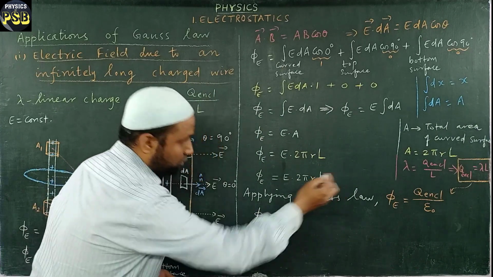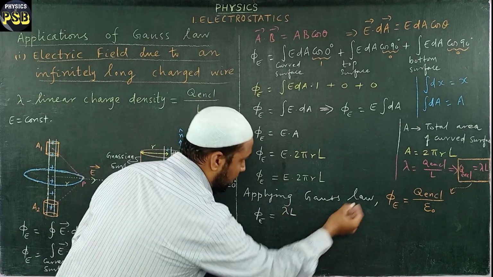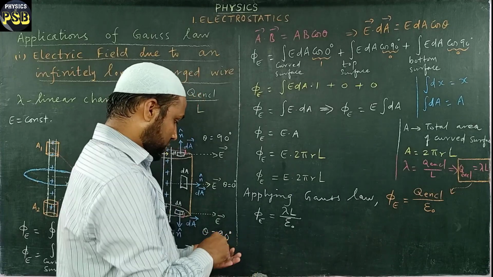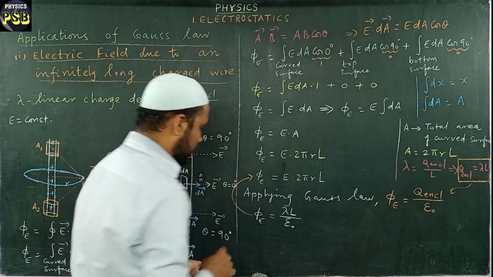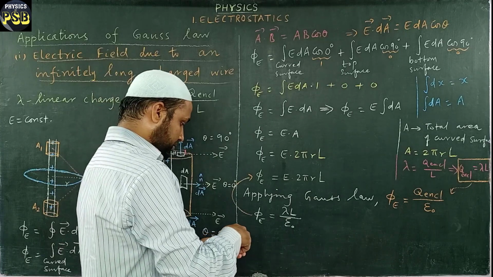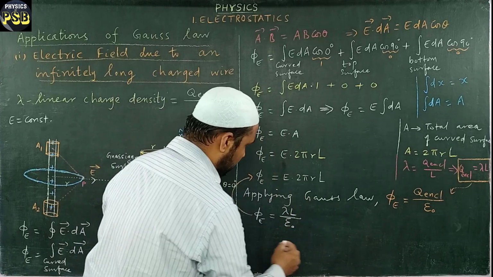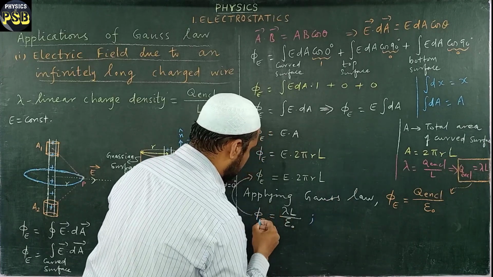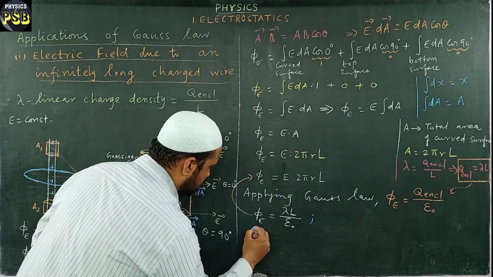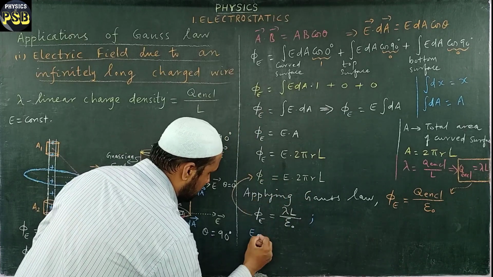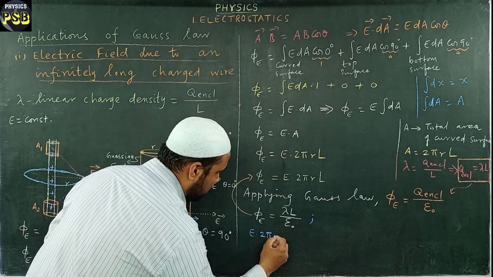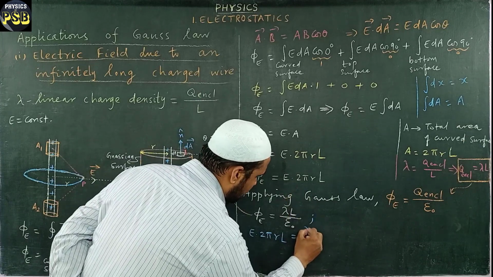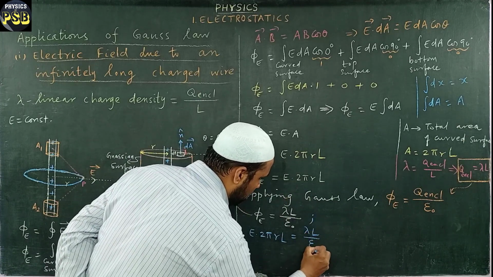Phi E is equal to lambda L upon epsilon naught. This I am going to use in the above equation. In the place of phi E, I write this: E 2 pi r L equals lambda L upon epsilon naught.